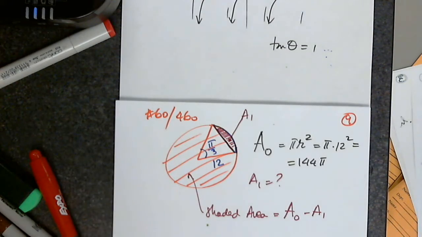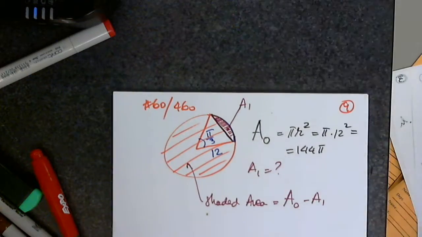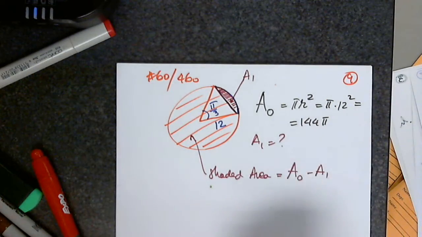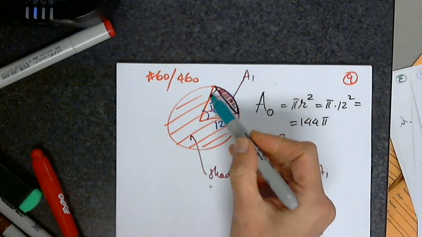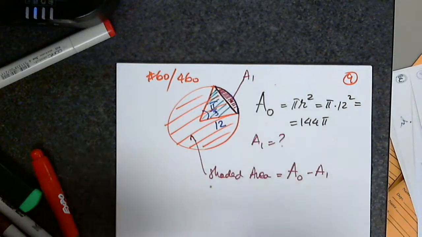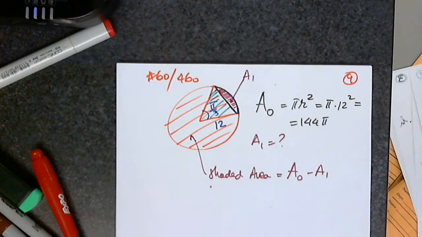So then, what can I do next? I can determine the area of the triangle. I have 3 formulas for the area of the triangle, and this one is exactly one of them: 2 sides and the angle in between.